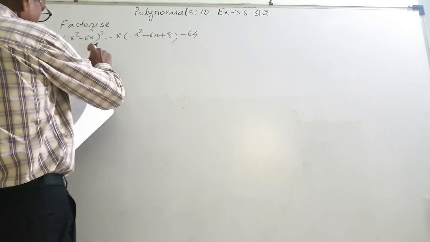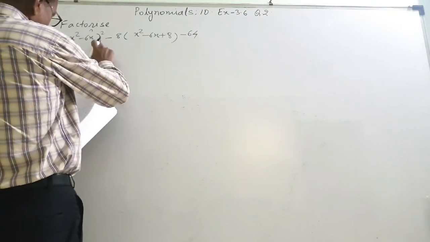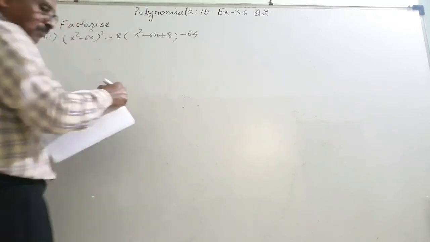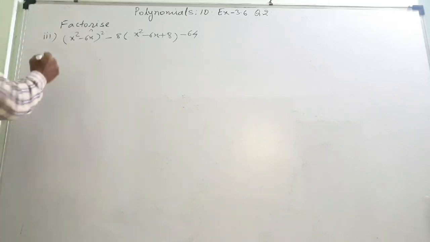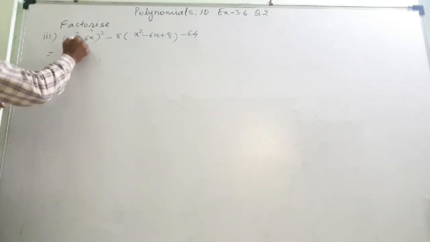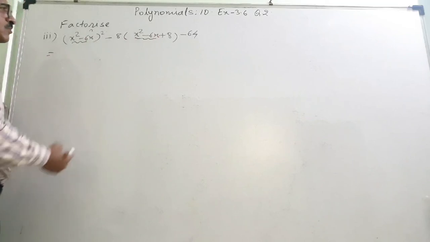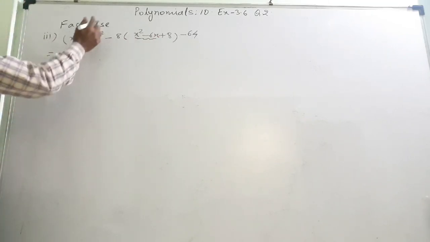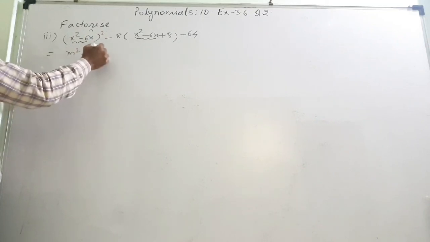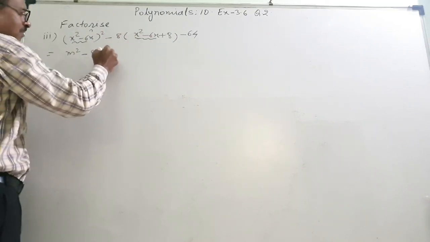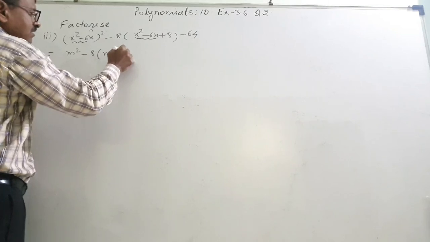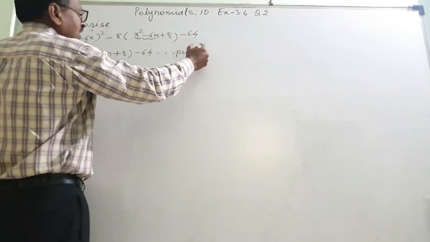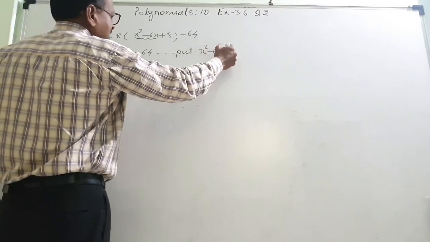Now this I cannot expand. So this part is the same, and for that I will substitute m. This part is m, its square, minus 8 into (m plus 8) minus 64. Put x square minus 6x equal to m.